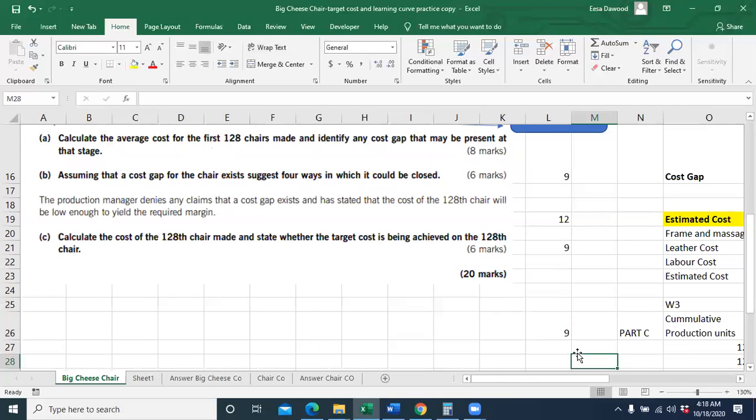So now what you need to do is calculate the cost of the 128th chair, and then recalculate the estimated cost based upon the 128th chair, and then state whether the target cost is being achieved on the 128th chair. Then next you need to tell whether the production manager's claim is right or wrong, whether there exists any cost gap or not.